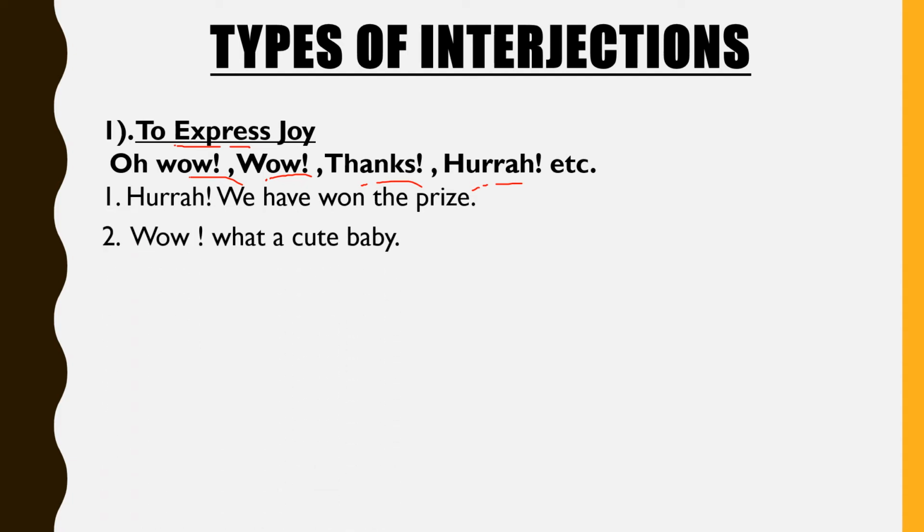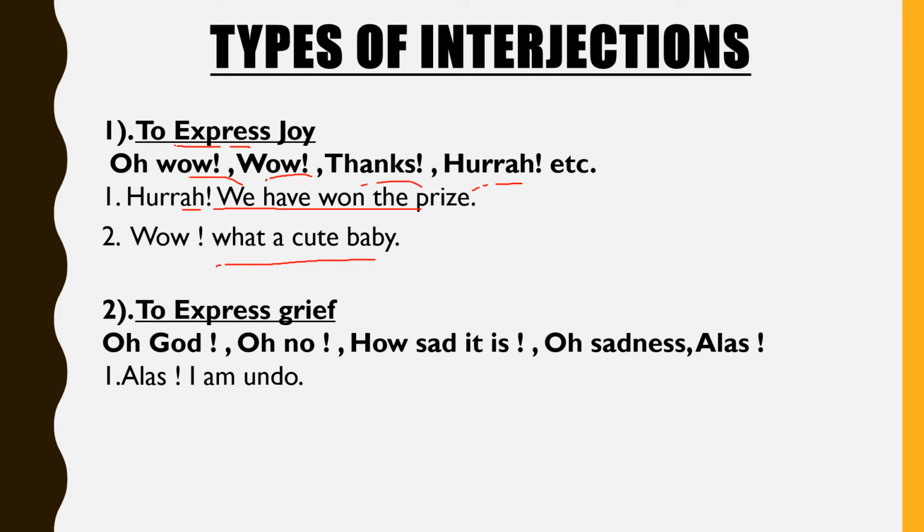Here are a few sentences also. "Hooray, we have won the prize." "Wow, what a cute baby." Next type is to express grief. Oh God, oh no, how sad it is, alas.